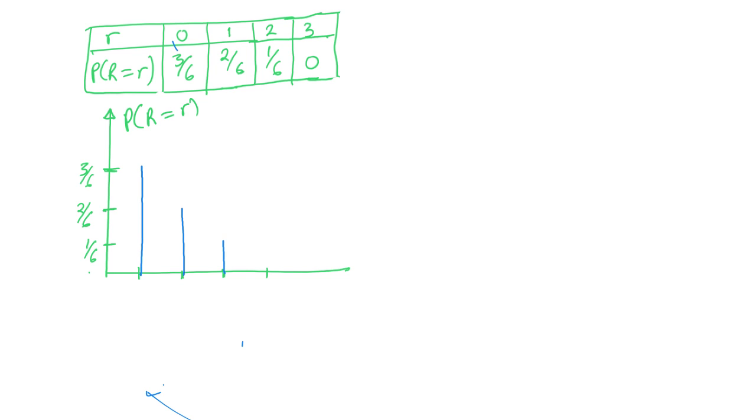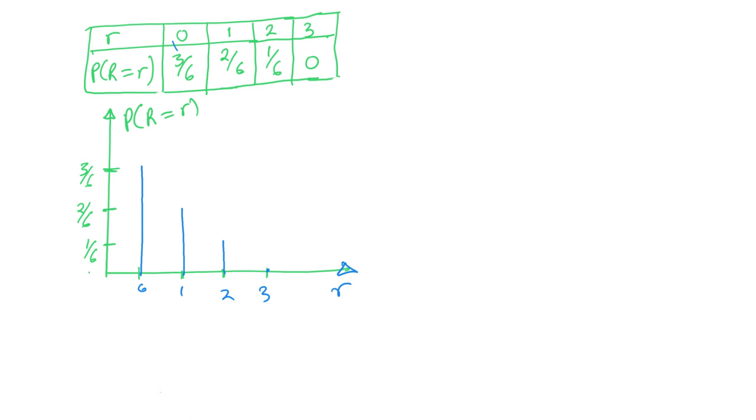This is 0, 1, 2, and 3, so these are r values, lowercase, not uppercase. That's what we end up with when we are told to draw a vertical line graph. That's the vertical line graph for the distribution. We have it, ladies and gentlemen.